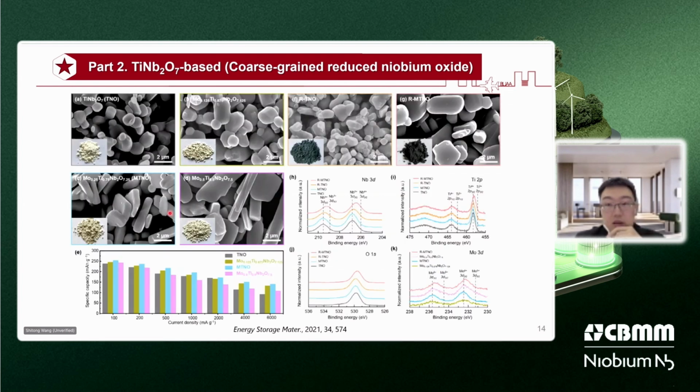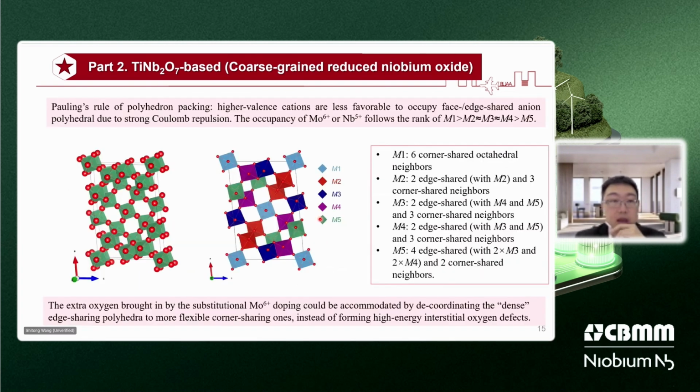So a series of molybdenum substituted TNO materials was investigated, aiming to clarify the rate limiting factors for their high rate applications. More specifically, in the reference structure of the TNO, the cations sit in 5 different octahedral sites marked as M1 to M5. These octahedra are either corner or edge connected according to Pauling's rules of polyhedral packing.